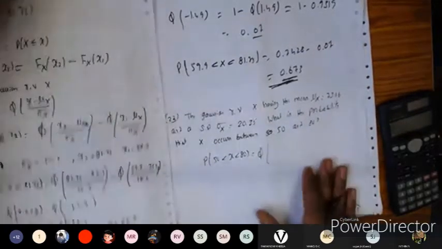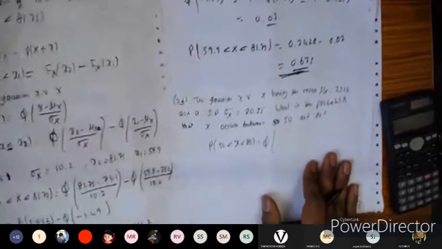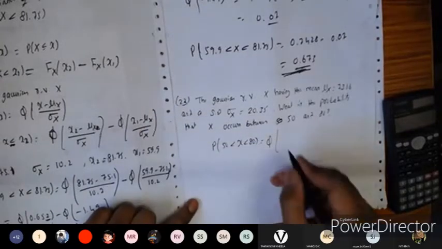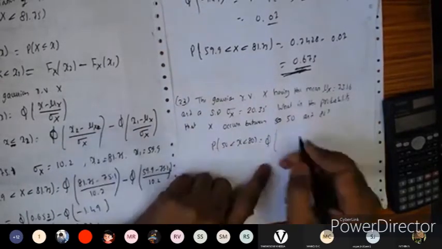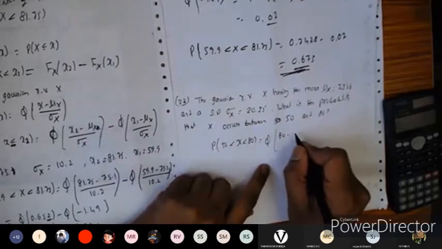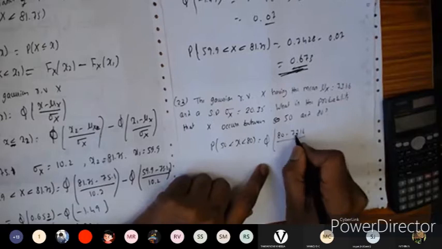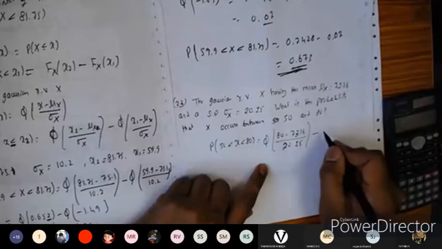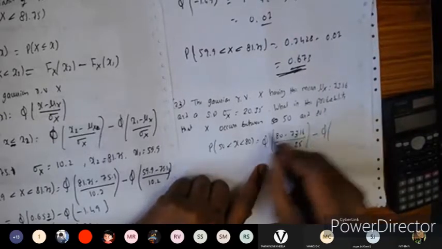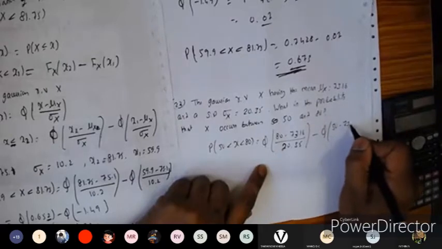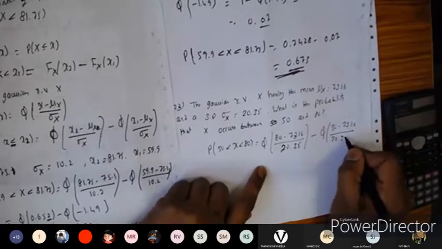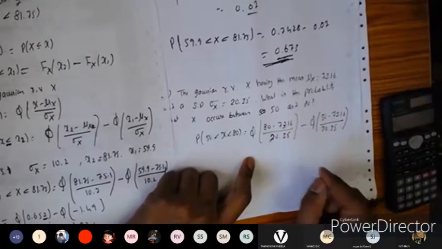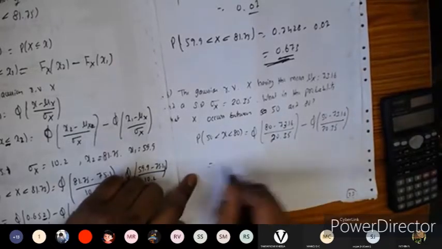So the formula is phi of (80 minus 73.16) divided by 20.35, minus phi of (50 minus 73.16) divided by 20.35. Now let us find the value of this.